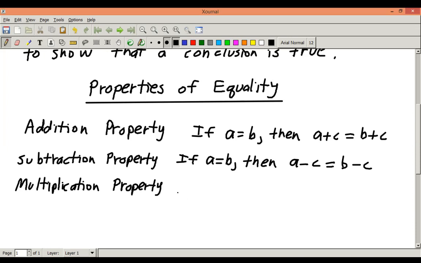That property says if A is equal to B, then A times C is equal to B times C. So in other words, you can multiply both sides of the equation by the same number.